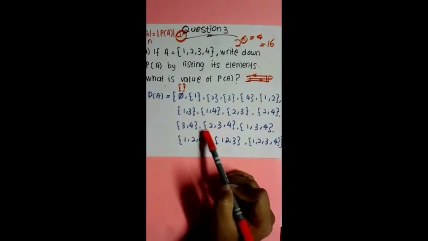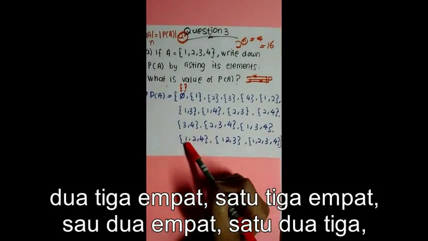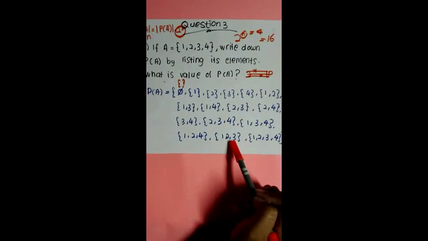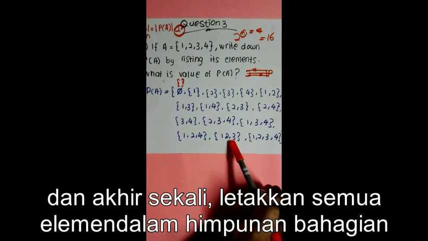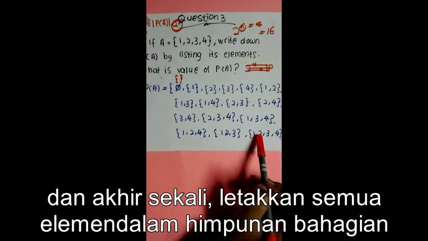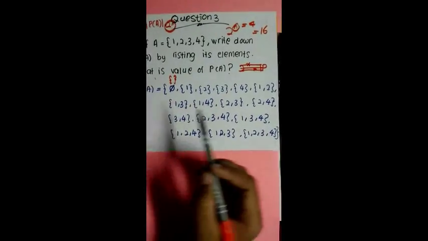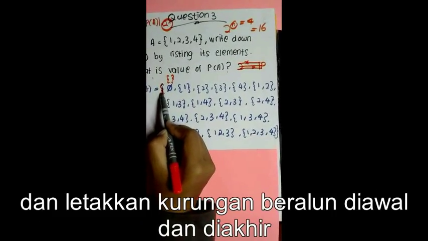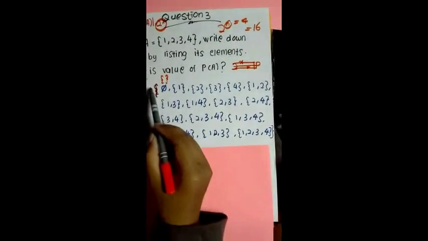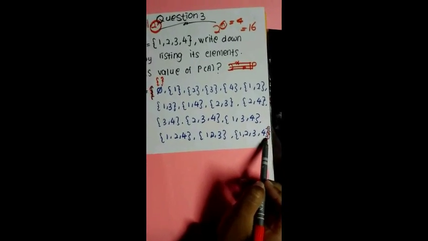For the next subset, 2, 3, 4, 1, 3, 4, 1, 2, 4, 1, 2, 3, and lastly we'll put all the elements of set A in another subset, and we will put curly brackets at the front and at the back.